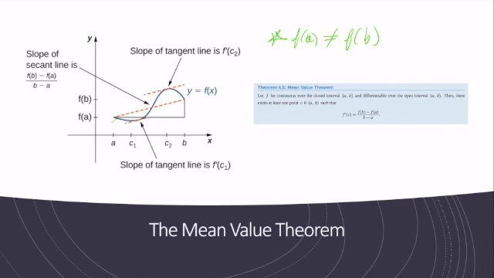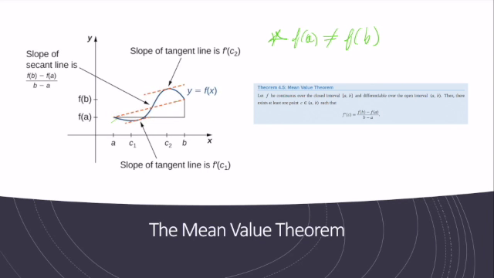So the mean value theorem states that if a function is continuous over a closed interval from a to b and differentiable over that interval, then there exists a c in (a, b) such that the tangent line of f at c is parallel to the secant line connecting f of a and f of b.